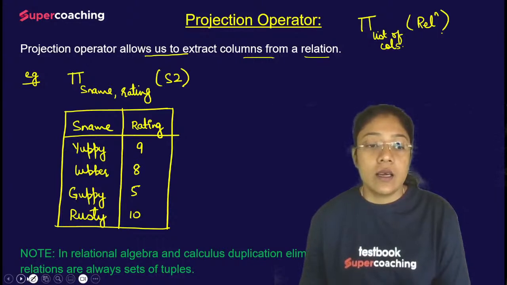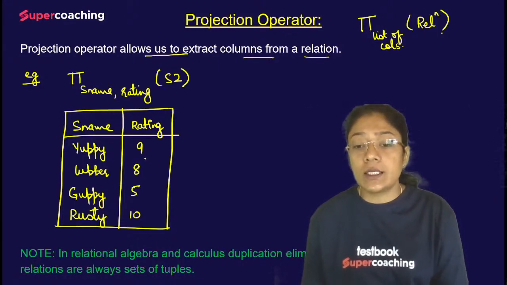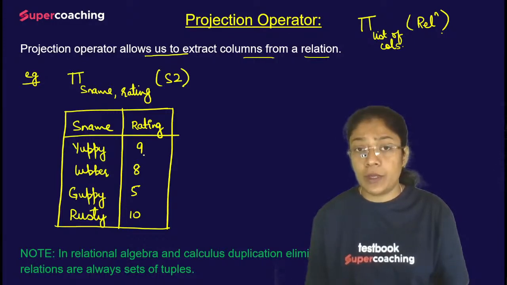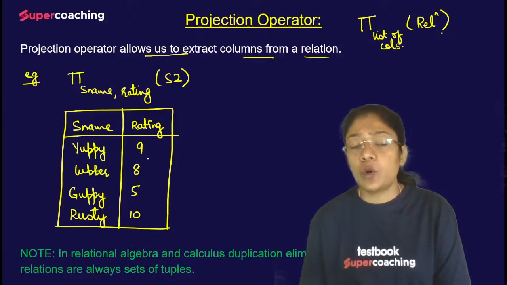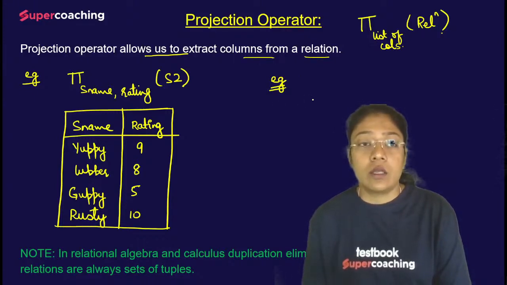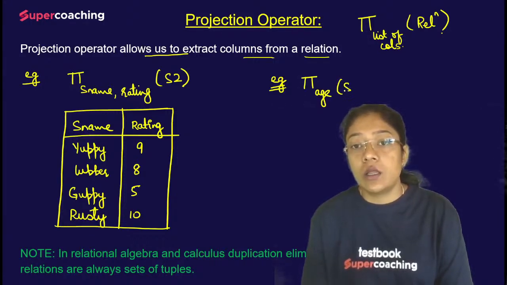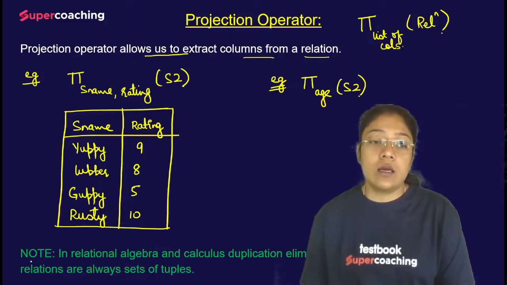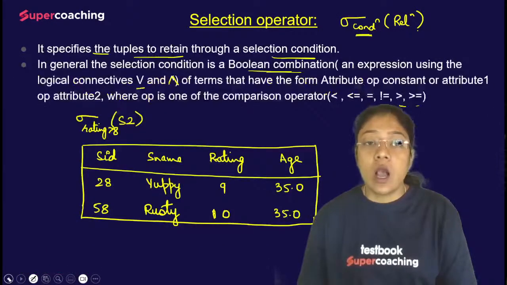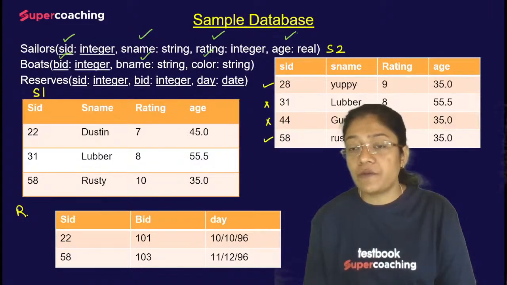Now, we have said that the projection operator automatically eliminates the duplicates. Here there were no duplicates, so it's not giving the proper picture. So let's say we want to project the age from the sailors instance, that is S2. How many different ages are there? It's 35, 55, 35 and 35.